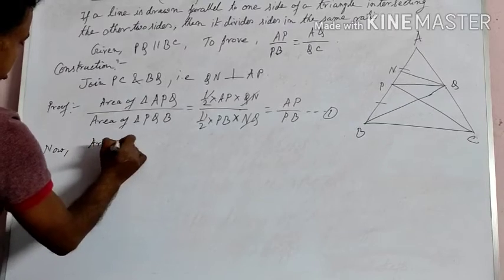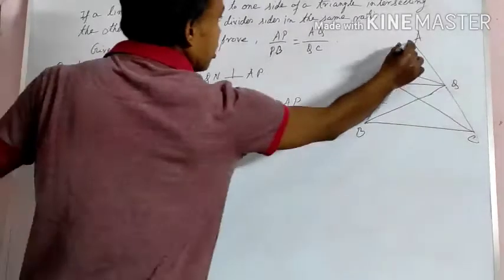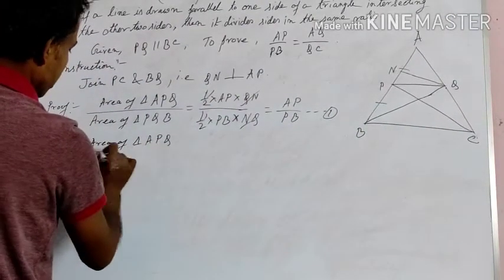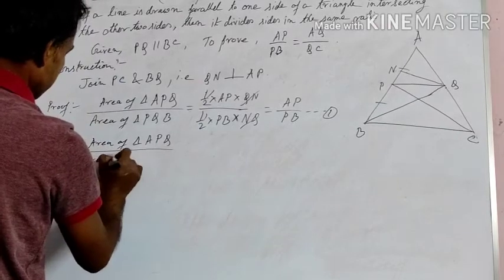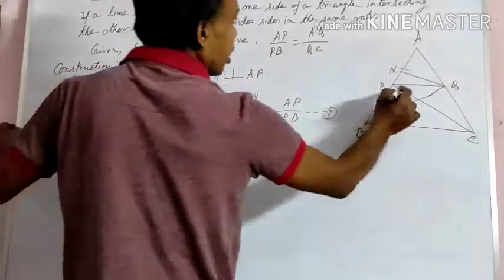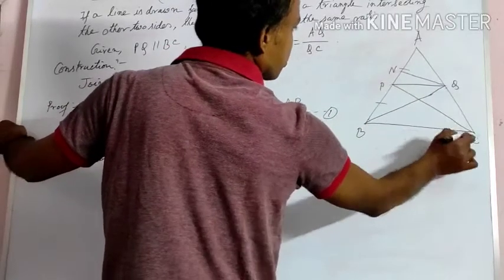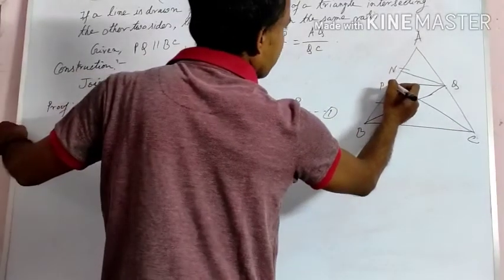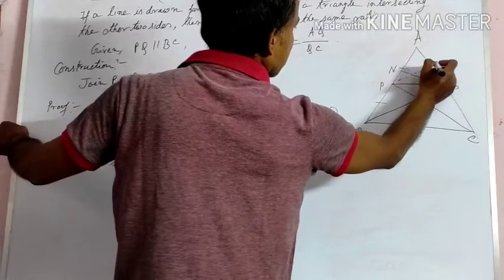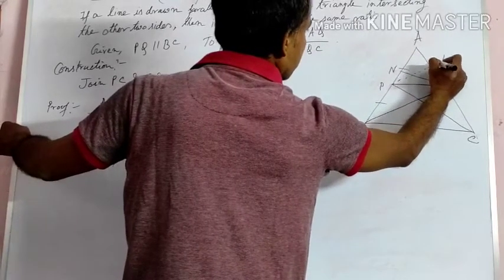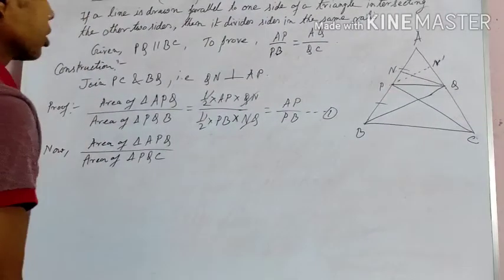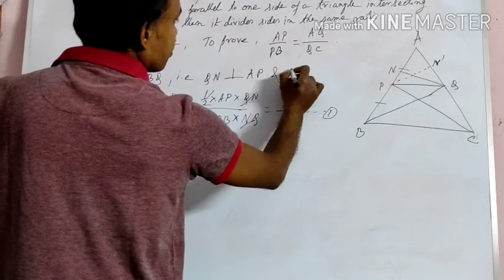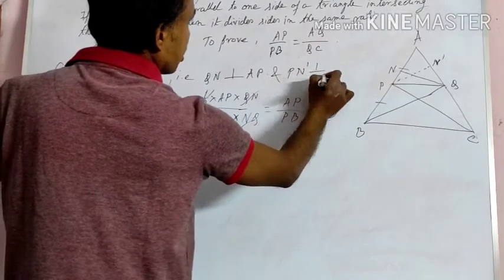Now take another two triangles: area of triangle APQ by area of triangle PQC. Let us draw a perpendicular PS to AQ.